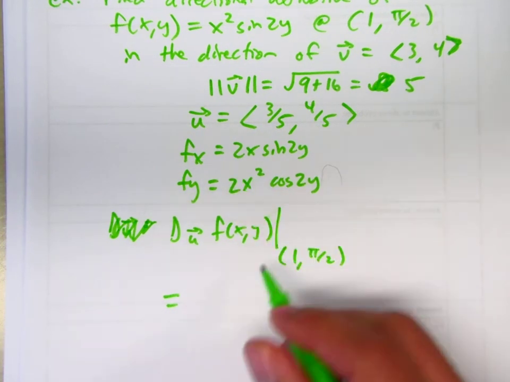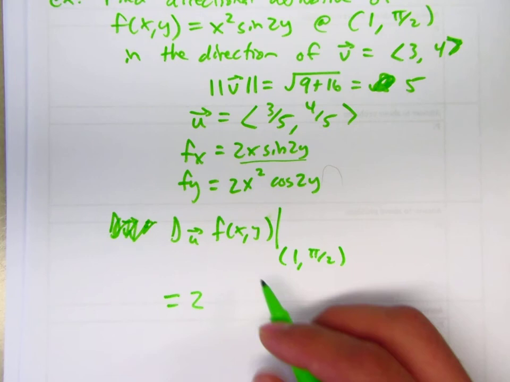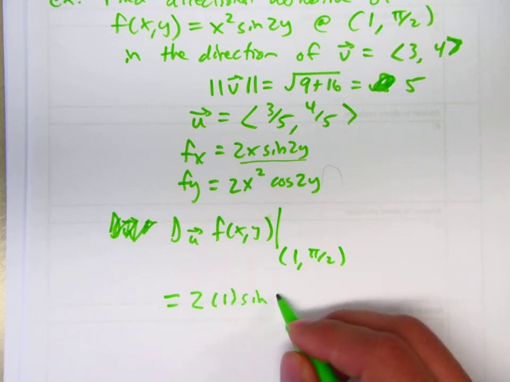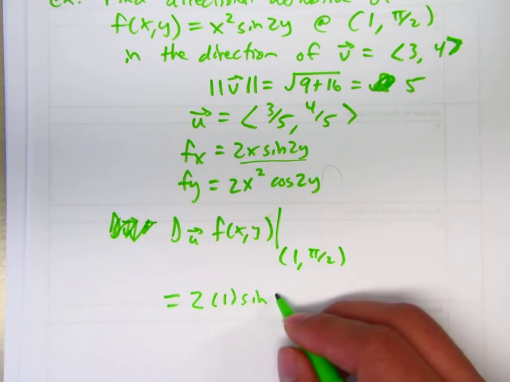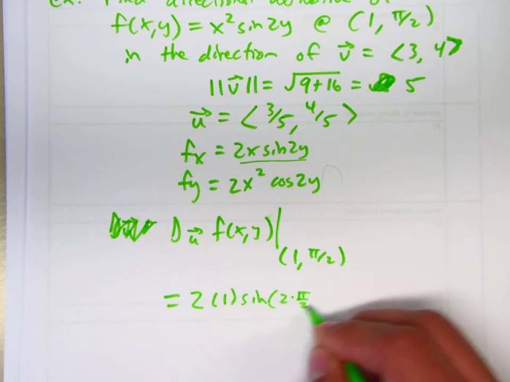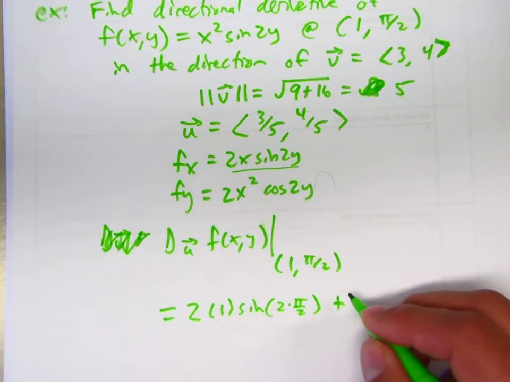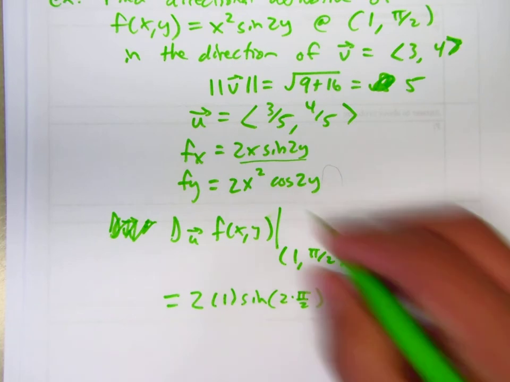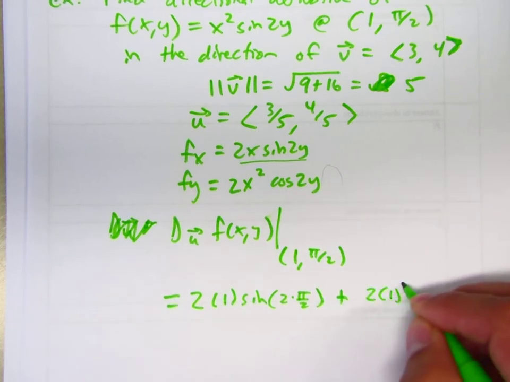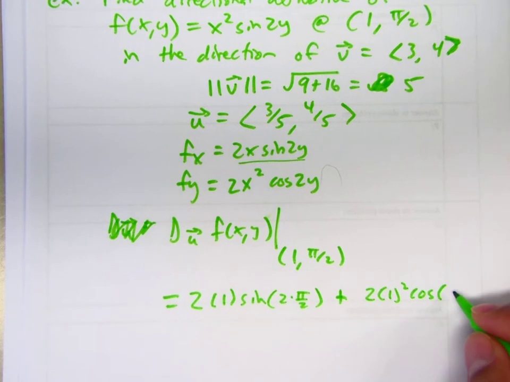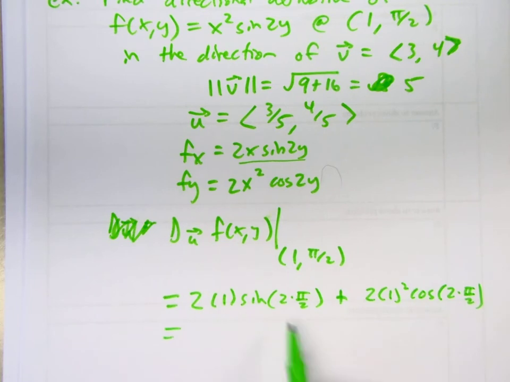So we're going to do partial x, so that'll be 2, plug in the 1, and then sine of 2 times y, so 2 times pi over 2, plus partial y, so that'll be 2, 1 squared, cosine, and again 2y, so that'll be 2 times pi over 2. And if we go ahead and figure that out, this is just going to be pi, the sine of pi there.